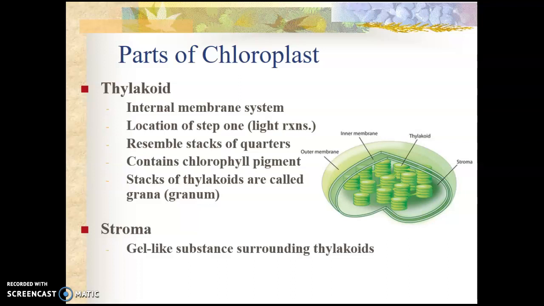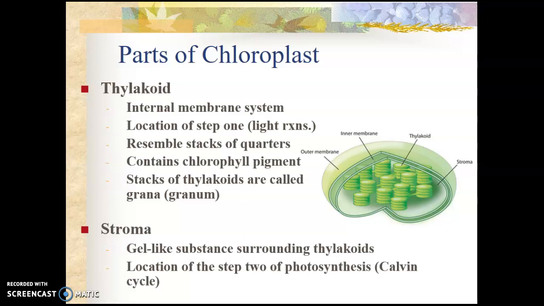The stroma, on the other hand, is a gel-like substance. So that would be comparable to the cytoplasm of a cell, except it's inside the chloroplast surrounding the thylakoid. And this is important because that's where the second part of photosynthesis happens, which is called the Calvin cycle, often referred to as the light-independent reactions.